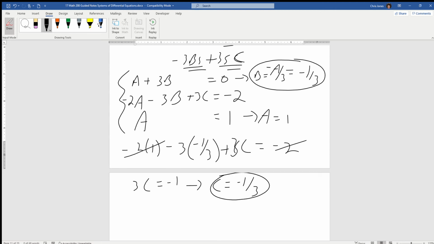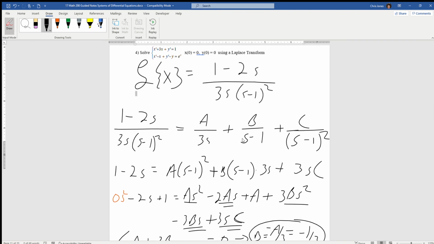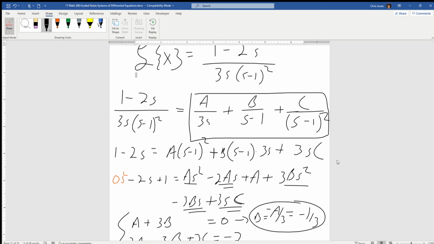And so we can go ahead and substitute back all the way up here, and now we can start taking the inverse Laplace.